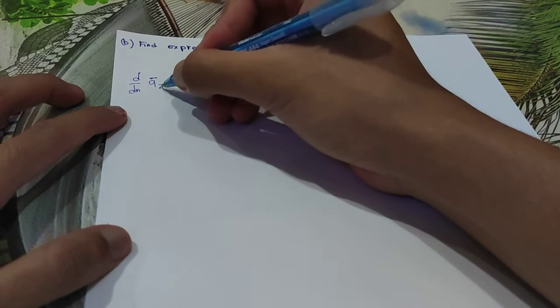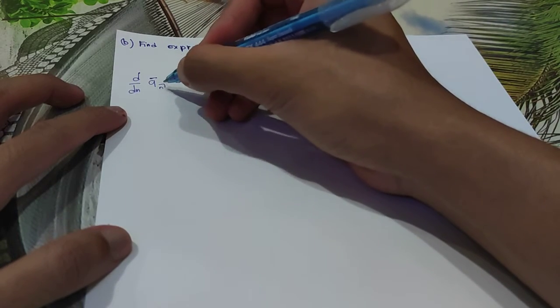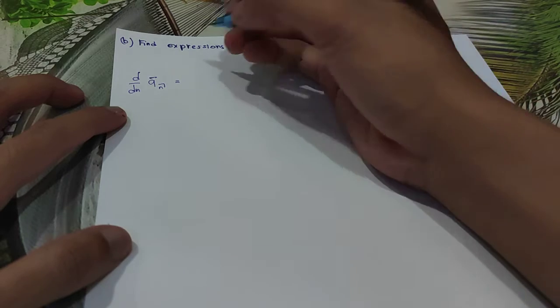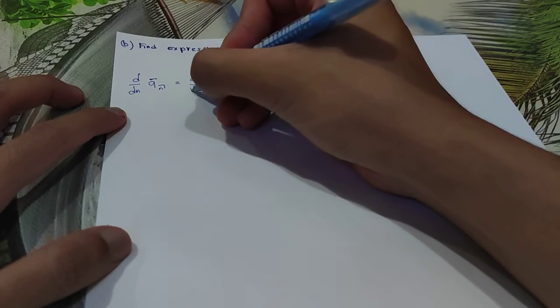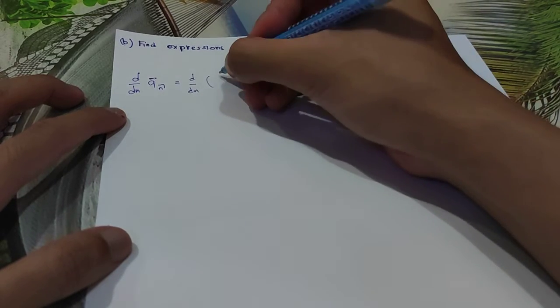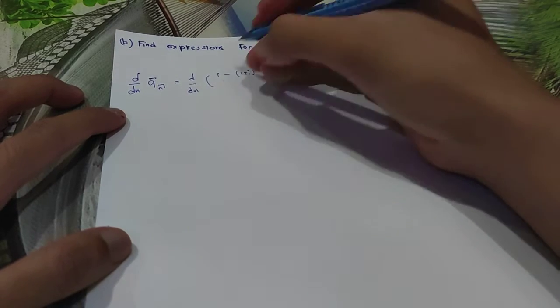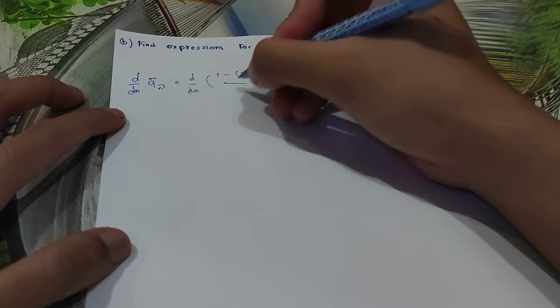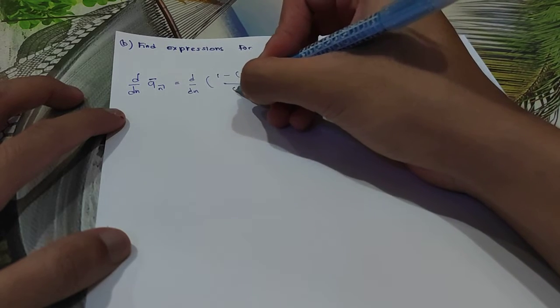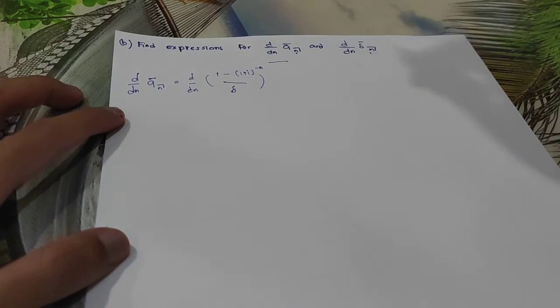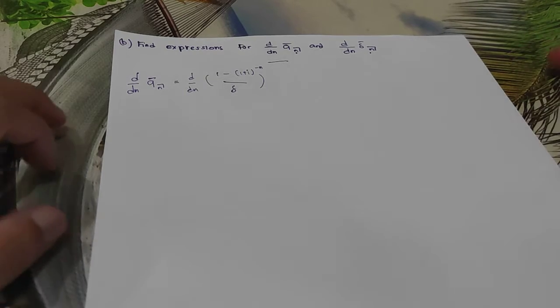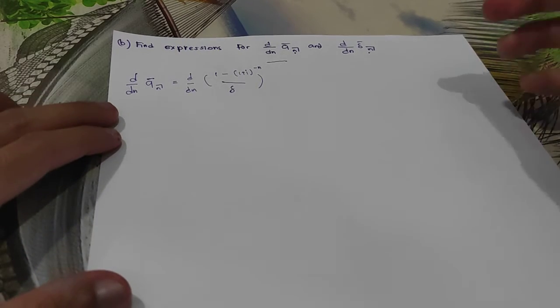We know that the present value for a continuous annuity turns out like this, divided by delta.